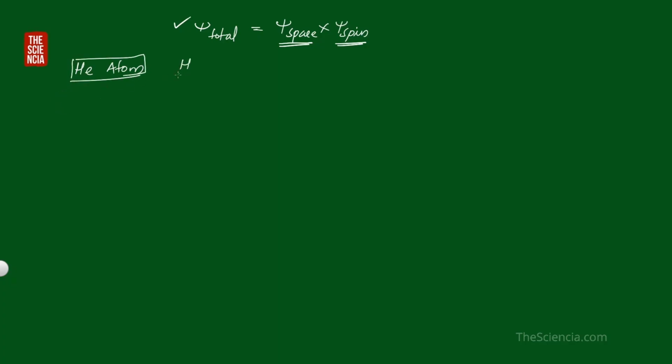That is, He, Z equal to 2, right? And first we are considering ground state of helium atom. That is, ground state is 1s2 state, right? That is, in the s subshell there are 2 electrons, and we know these electrons are fermions.